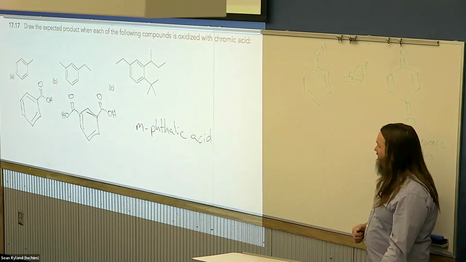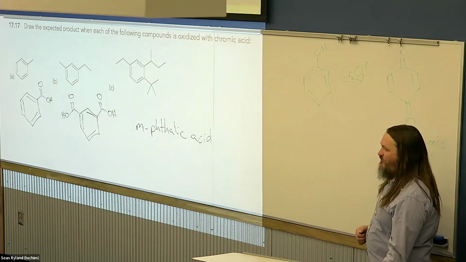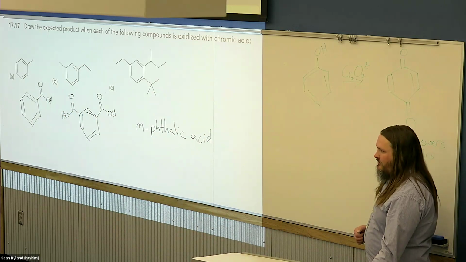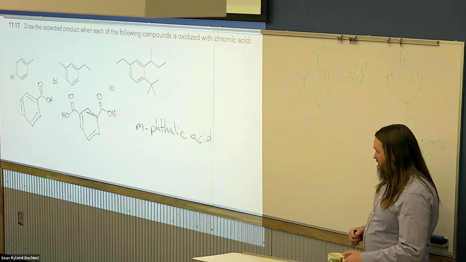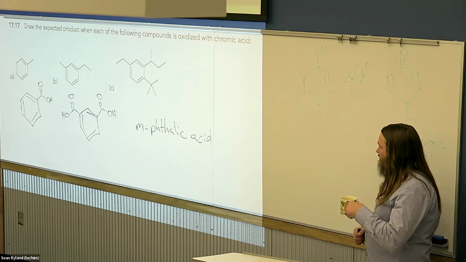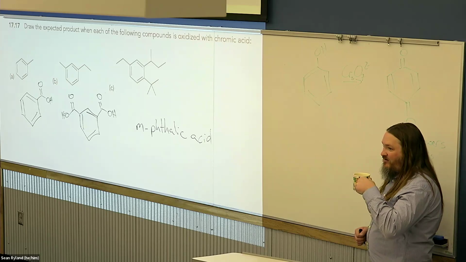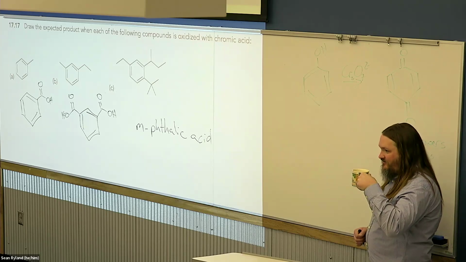And that's one I probably should look up, where that came from originally, because I'm sure it's interesting, it's likely Greek. Or phthalate, the deprotonated form, is phthalate.